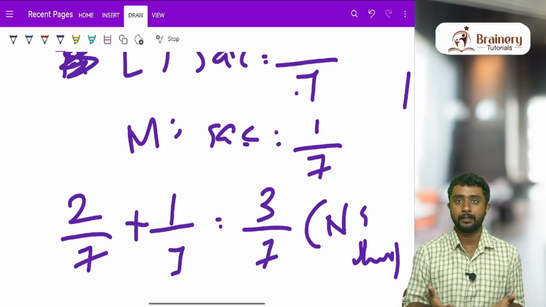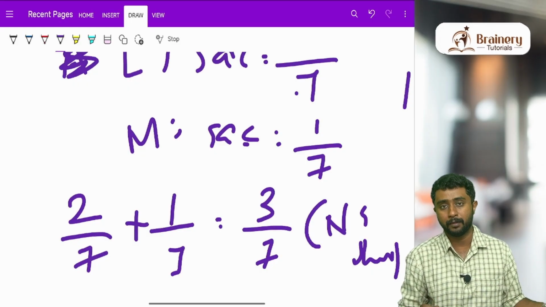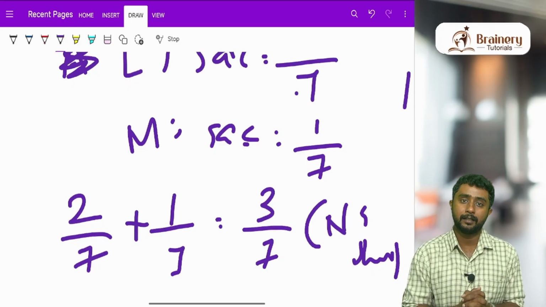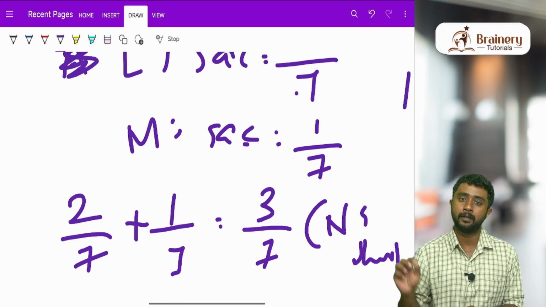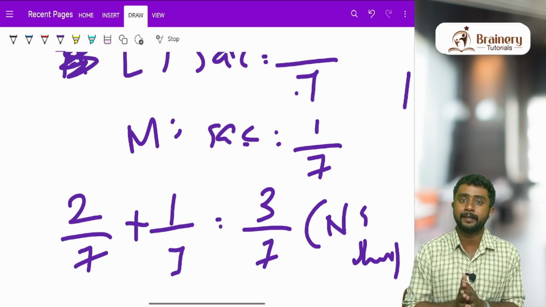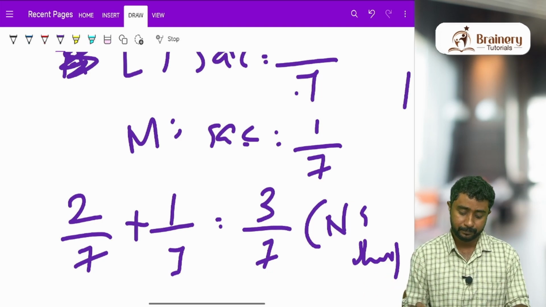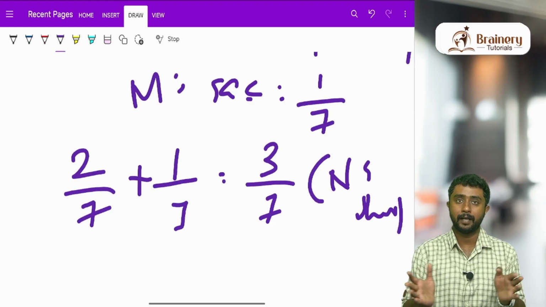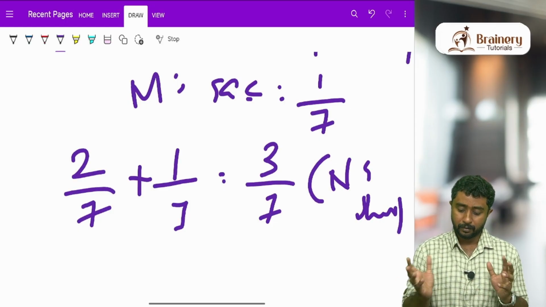Similarly, if you add the gain of 2 or more people, you should get the sacrifice of the other people. So total gain and total sacrifice will always be equal. I hope I made it clear. This is how you have to relate it.